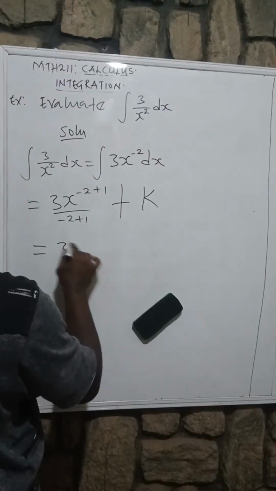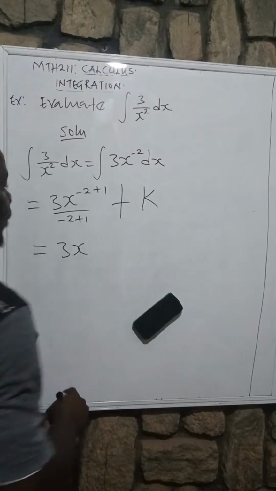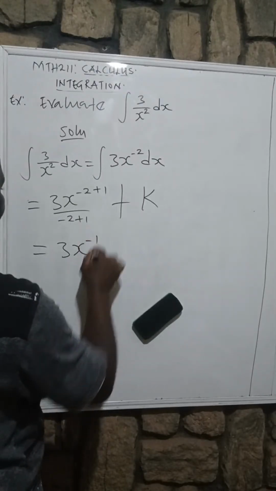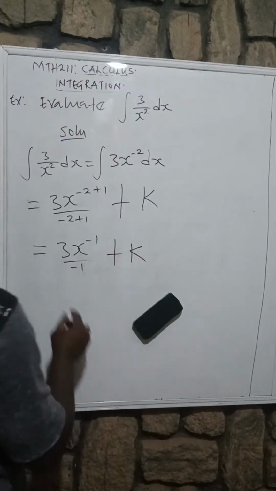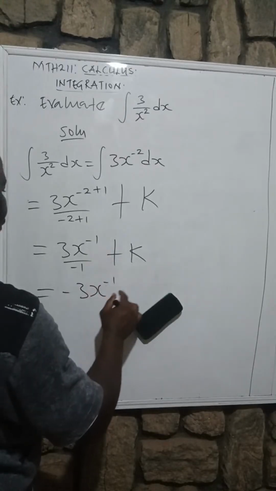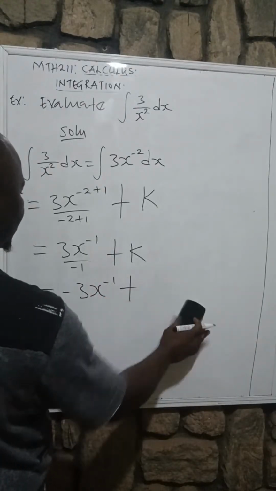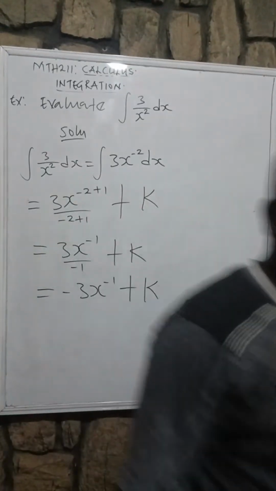So this is equal to 3x raised to the power of minus 2 plus 1, which is minus 1, all over minus 1, plus a constant. So the answer is minus 3x raised to the power of minus 1 plus a constant. Do you understand?